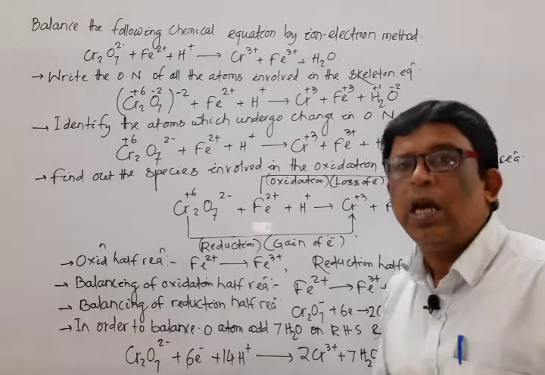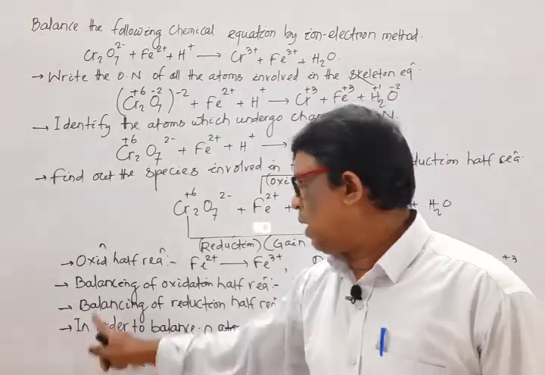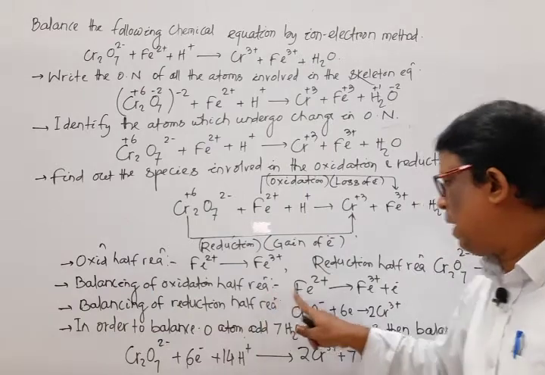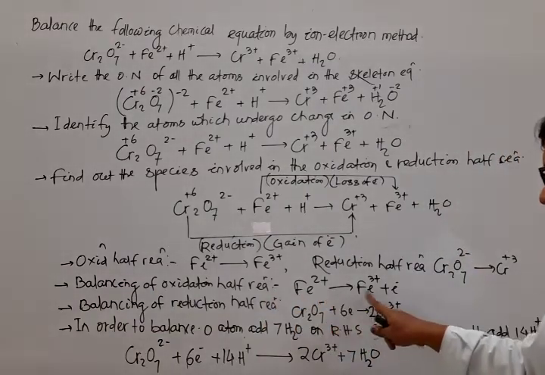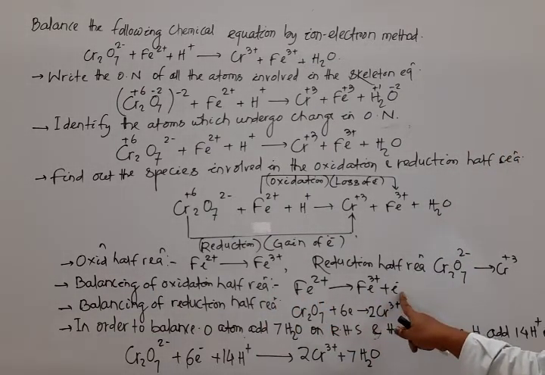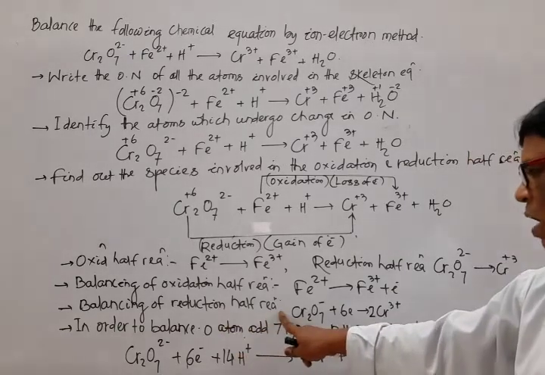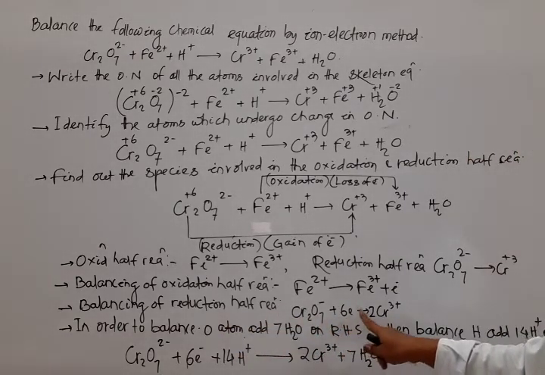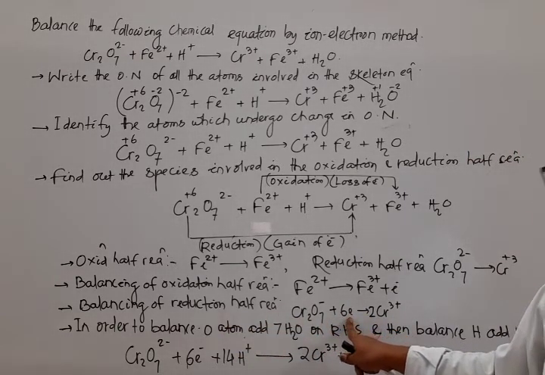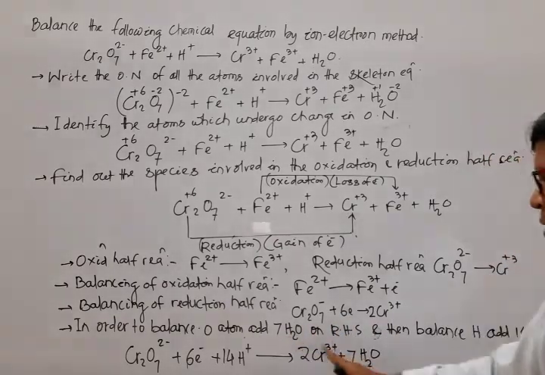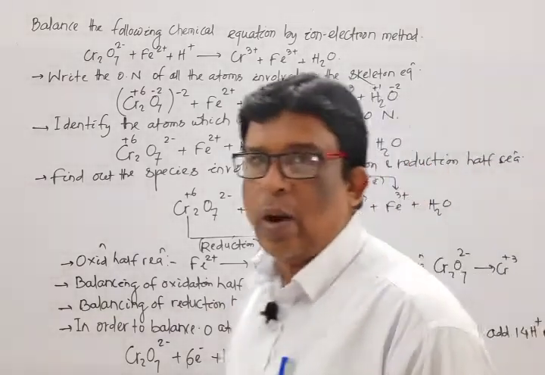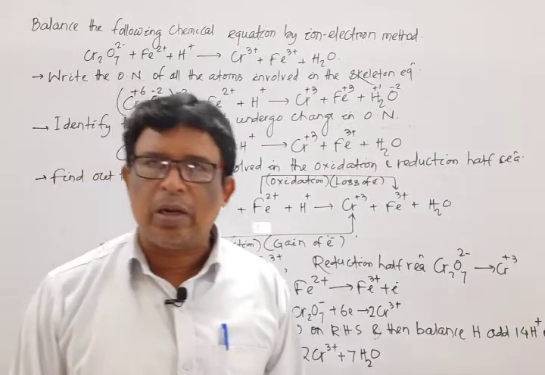Next step is balancing the two equations. First, balancing the oxidation half reaction: Fe2 plus gives rise to Fe3 plus plus an electron. And balancing the reduction half reaction. First, balancing the charge, we add the electrons, and then balancing the oxygen atoms, we add the required number, that is 7 water molecules.